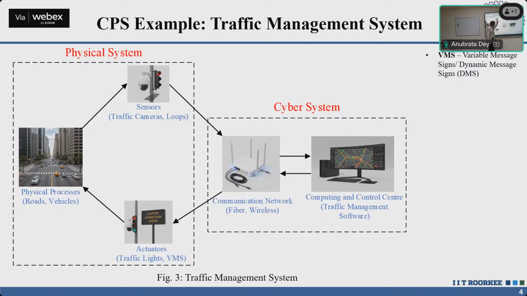They pass it to the traffic management software, which usually runs from the backend side, and from the output you obtain, you pass it on to the actuators. The actuators are your lights: for example, I may want to increase the stopping time from 1 minute to 2 minutes so that I can control the traffic density. This is another example of a cyber physical system.